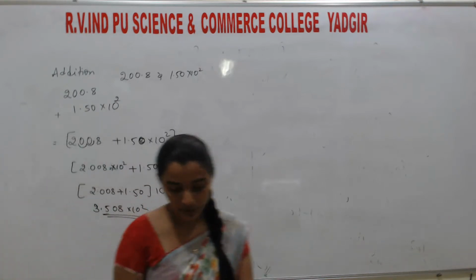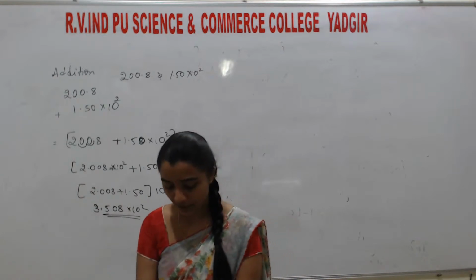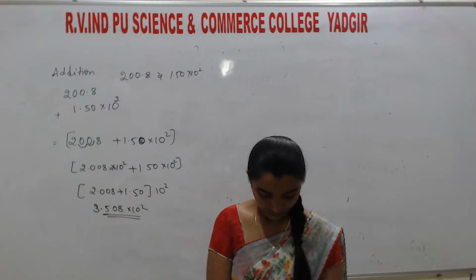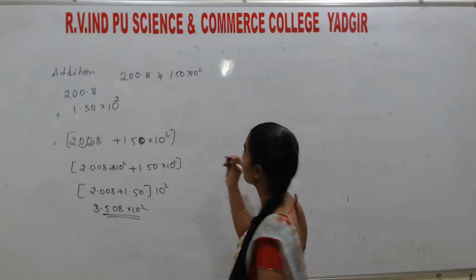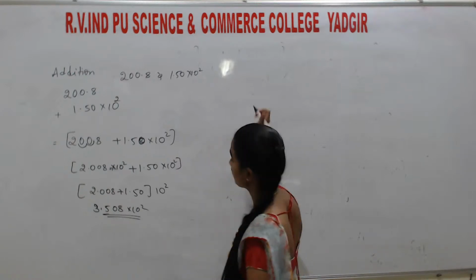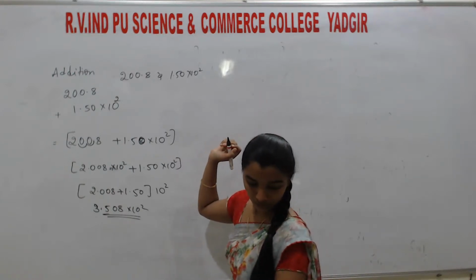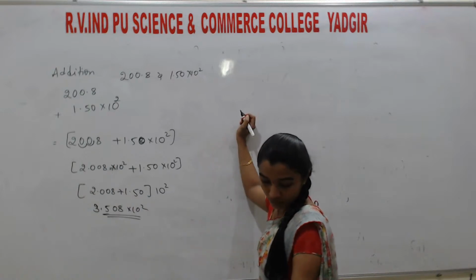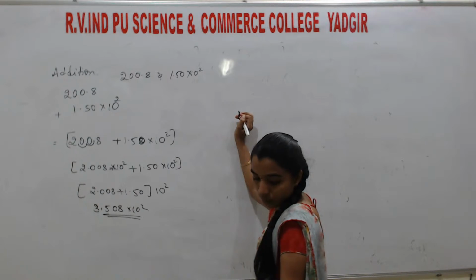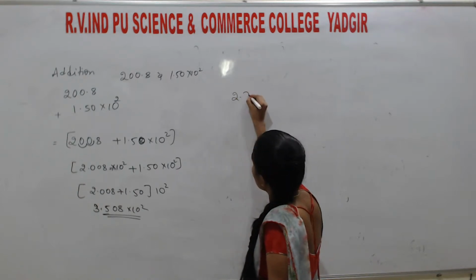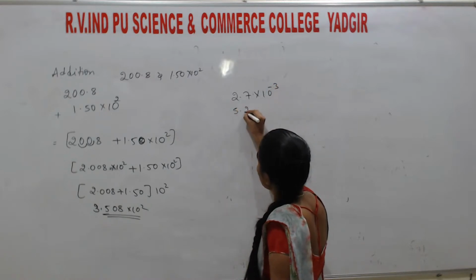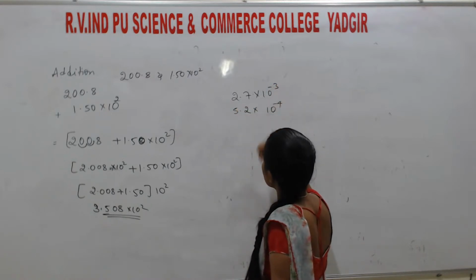So another example I will say for the same addition. 2.7 into 10 to the power of minus 3, 5.2 into 10 to the power minus 4.